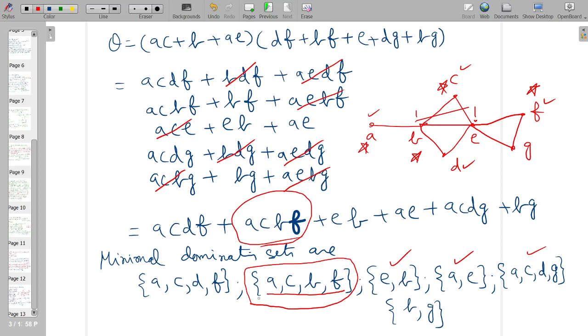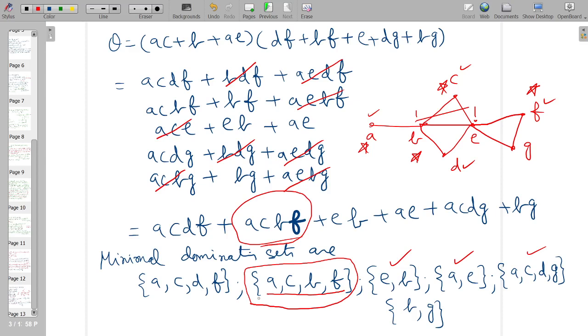So ACDF, then I have EB, AE, ACDG, then BG. Then you have to check what is missing. Okay, the missing is BF.